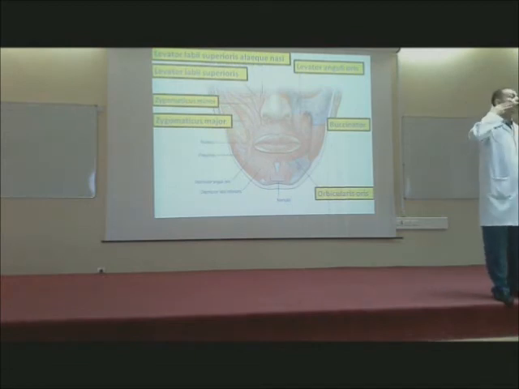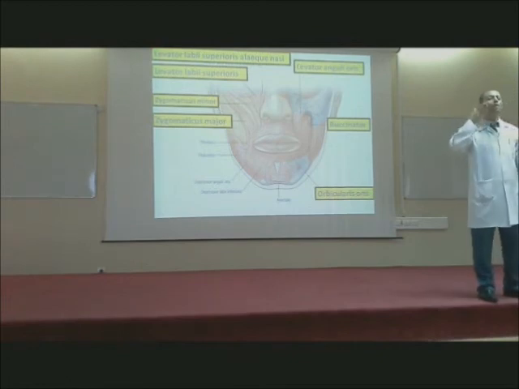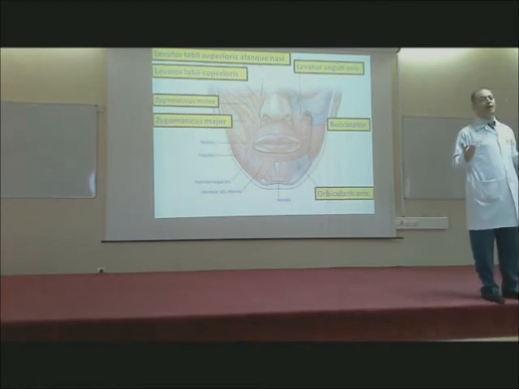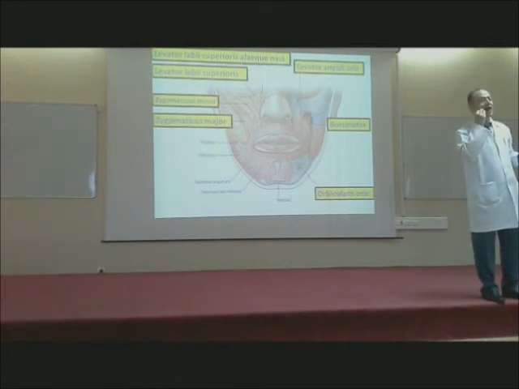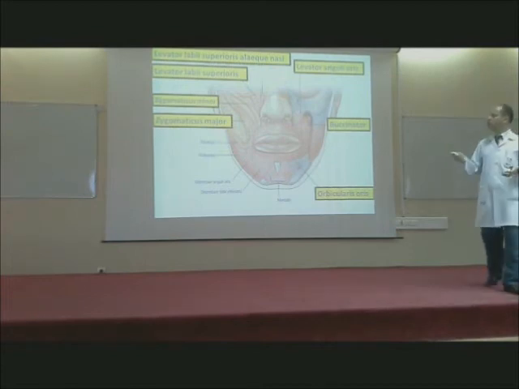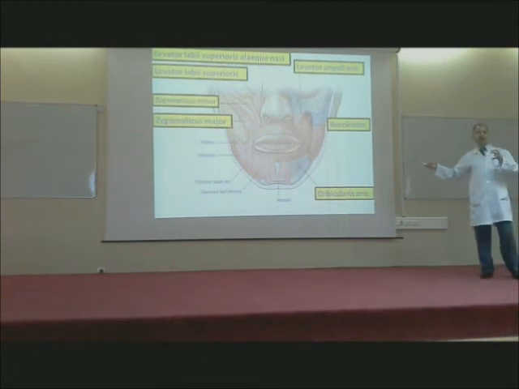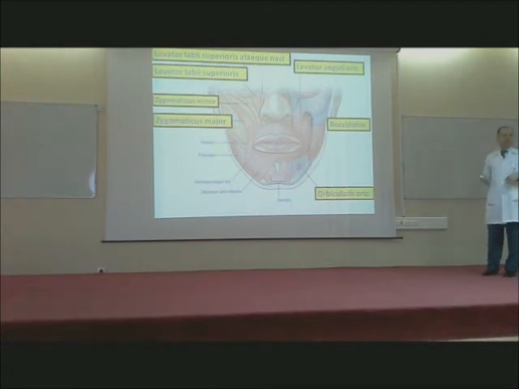So, the action of buccinator is to compress that vestibule, preventing accumulation of food in that area. That's why the one who has paralysis of the facial muscles, what does he complain of most? Accumulation of saliva and food outside the teeth, in the vestibule. That's right. Moreover, that muscle is responsible for either suction or blowing of air. So, this is the buccinator muscle.